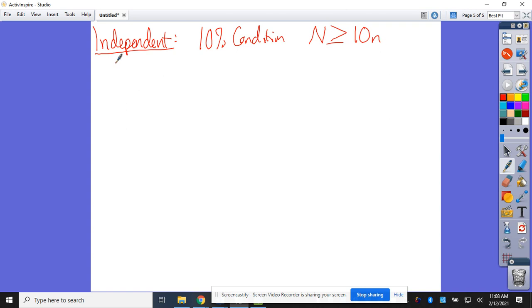Lowercase n, so n is 7, is that right? That was 20. So there are at least 200.